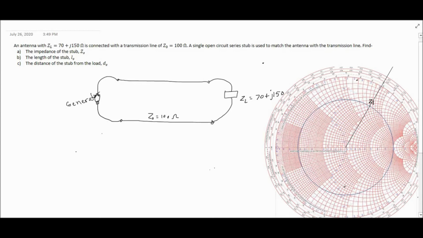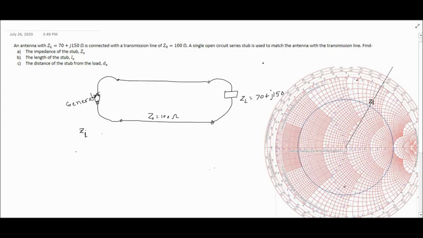So we'll find the reflection in the system, and to make this system reflection free, we have to add a series open circuit stub. The idea is, let's say you have ZL normalized.